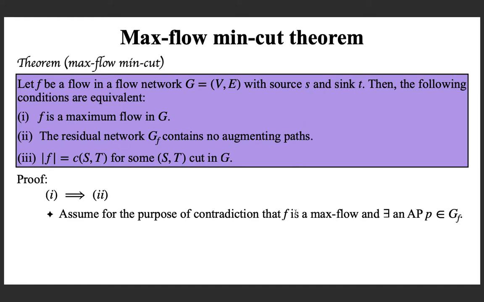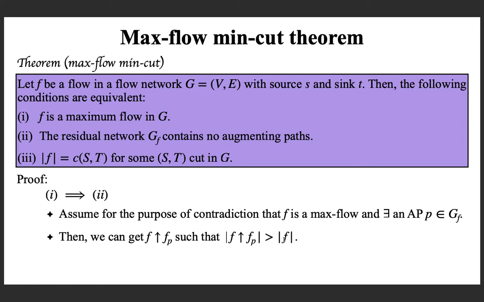We know from the Ford Fulkerson method that if there exists an augmenting path, then the flow along that augmenting path, which is Fp, can be augmented with the original flow to get a flow with a value greater than the existing flow value.